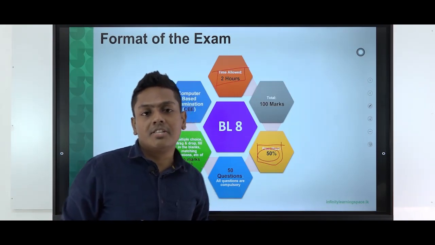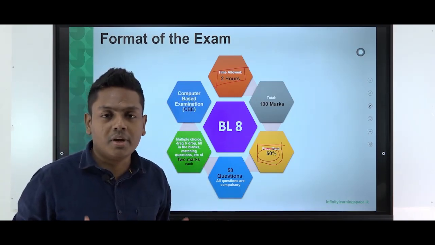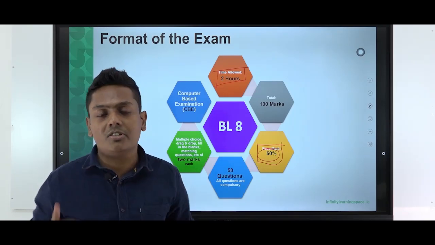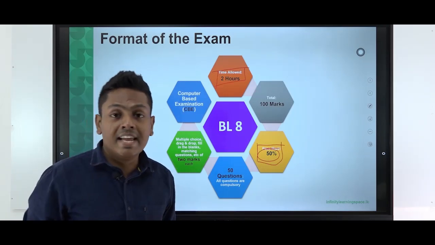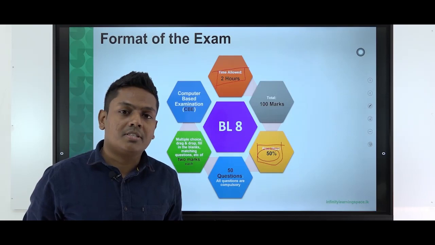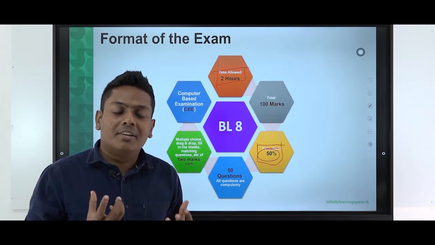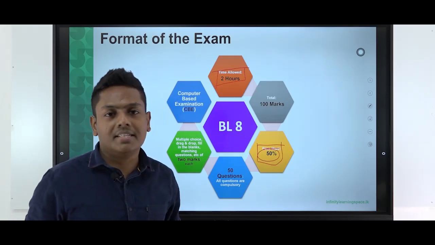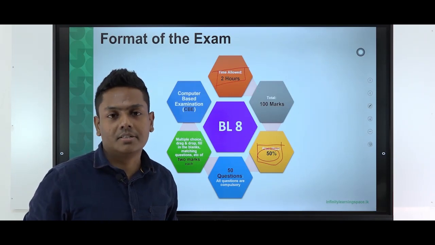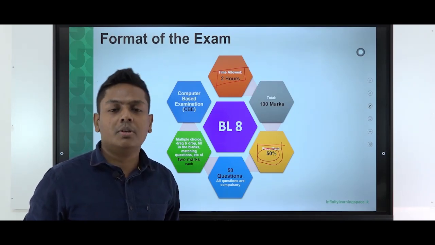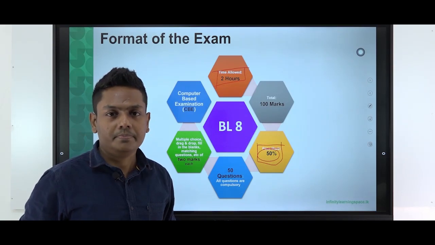How organizations think when they make decisions in terms of digitalization, technologies and innovations. That is how you have to think, and if you can practically apply these things in real-world scenarios, definitely you will pass this examination.